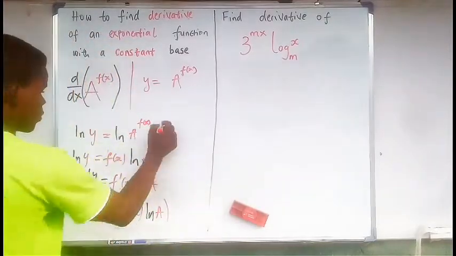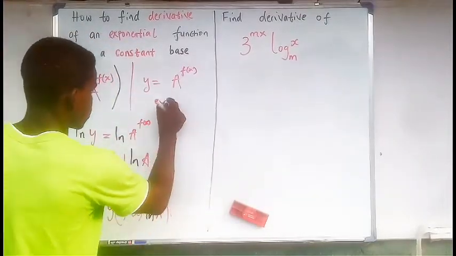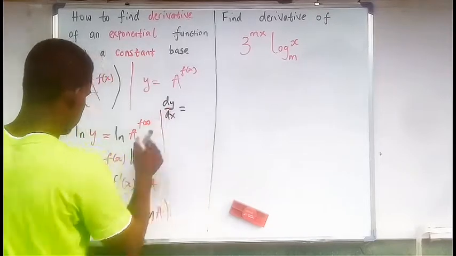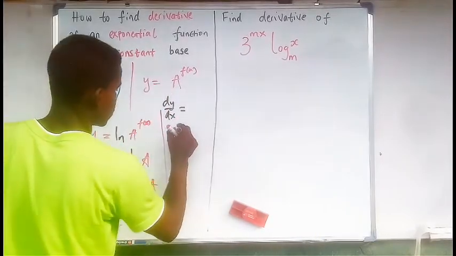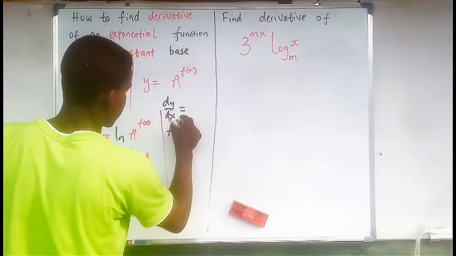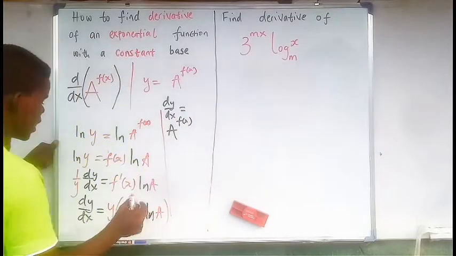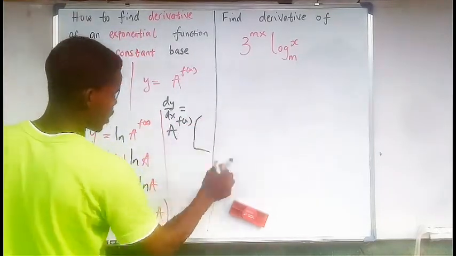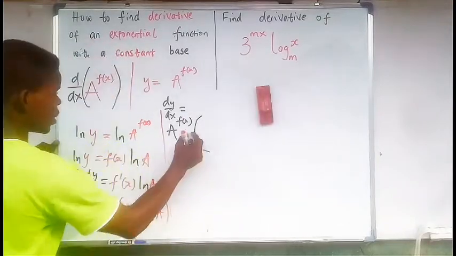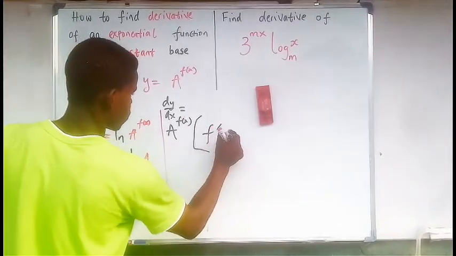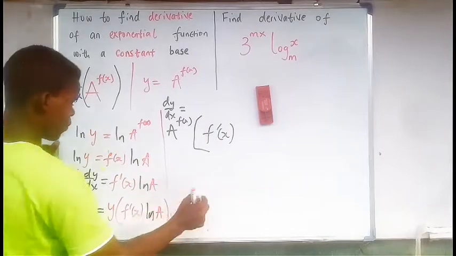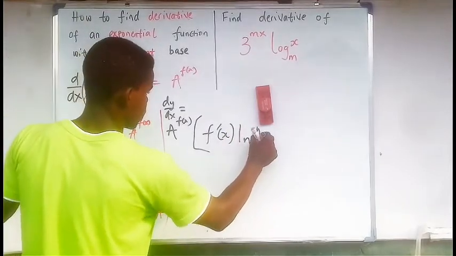So this should become dy dx is now equal to, put the value of y, that is a to the power f of x, times the whole of that bracket, times f prime of x, ln a.